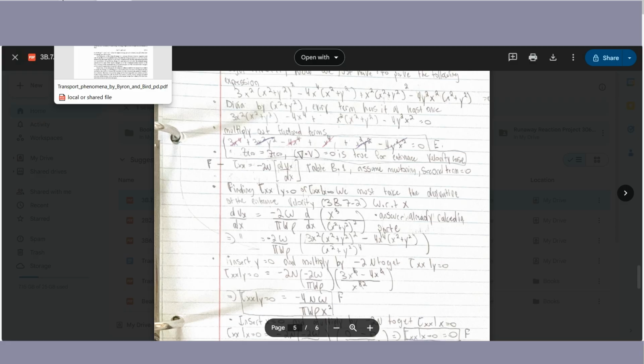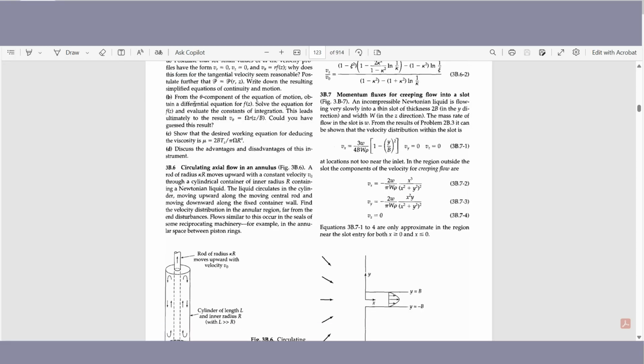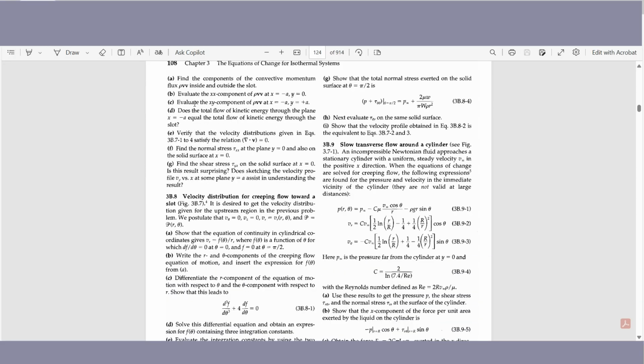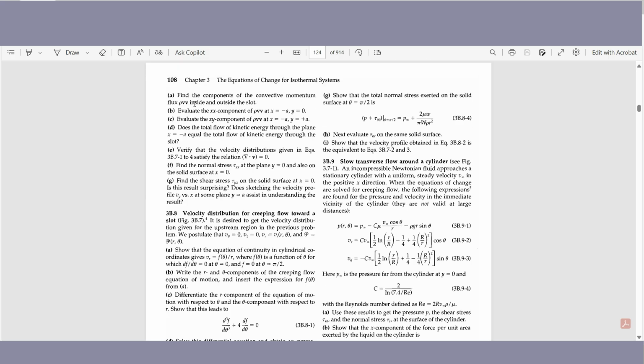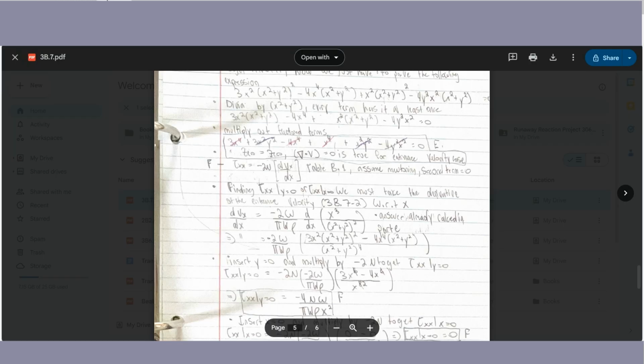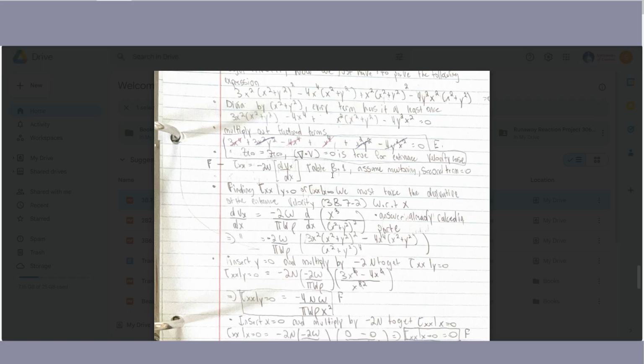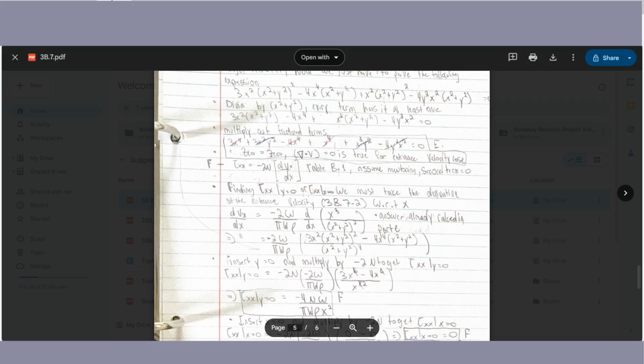Where is it? Part F. Man, this problem is long. Find the normal stress tau xx at the plane y equals 0, and also on the solid surface x equals 0. So this is just tau xx equals negative 2 mu dVx/dx. And if you look in table B.1 in the appendix, you'll see that it says this plus extra terms, but those extra terms only exist if it's a non-Newtonian fluid.